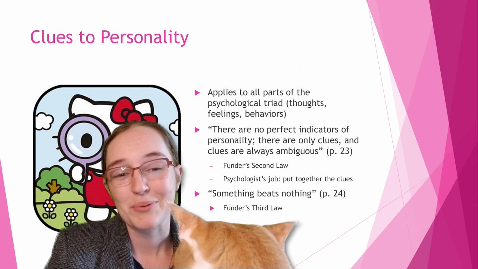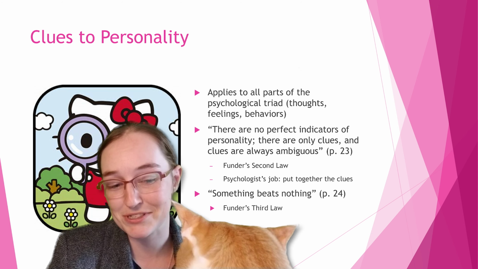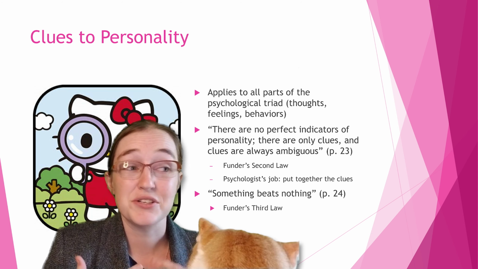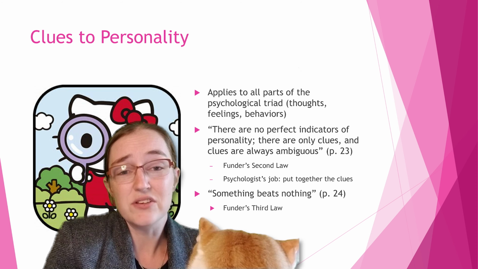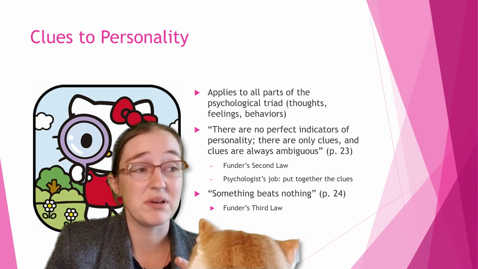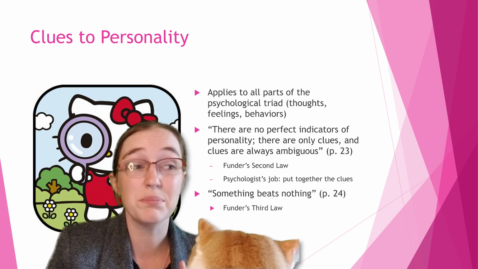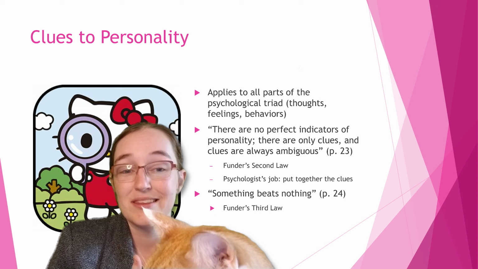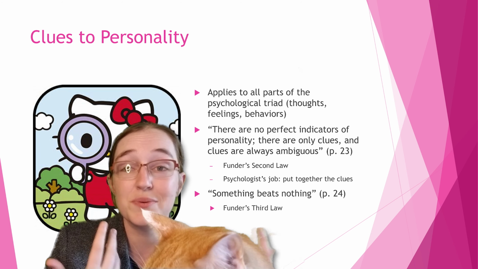Okay, so we're going to talk about the clues of personality. These apply to all parts of the triad, and we have to look at all the parts, thoughts, feelings, and behaviors, because personality is complicated. There's no perfect indicator of personality. There are only clues, and the clues we get are ambiguous.